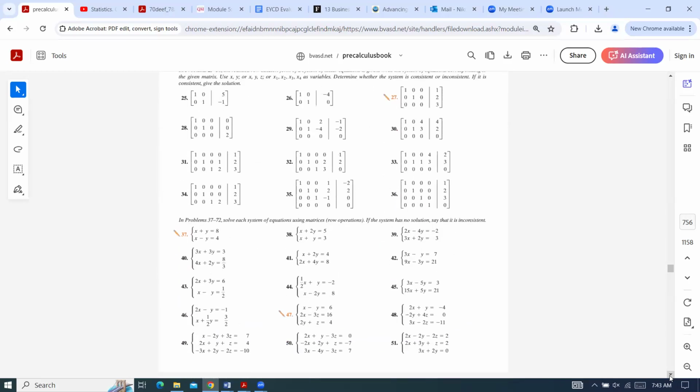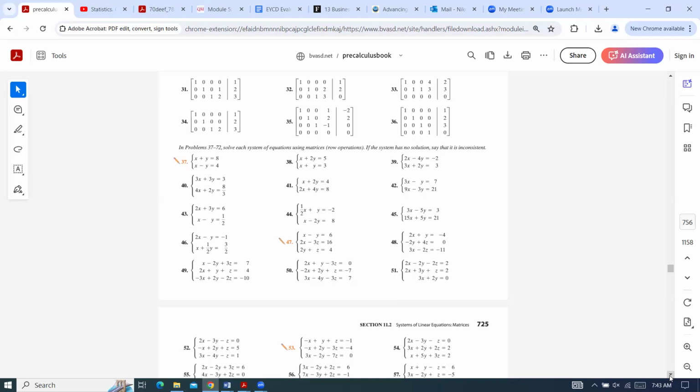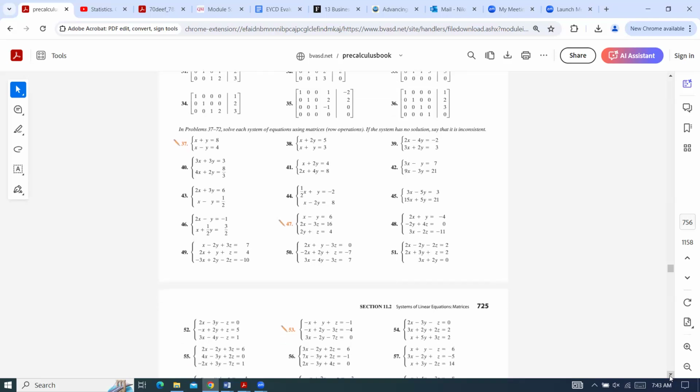So let's say starting 27, that's where more problems appear. And I will do maybe exercise number, say, which one should I try? 49, something like that. It's a 3x3 system, right?